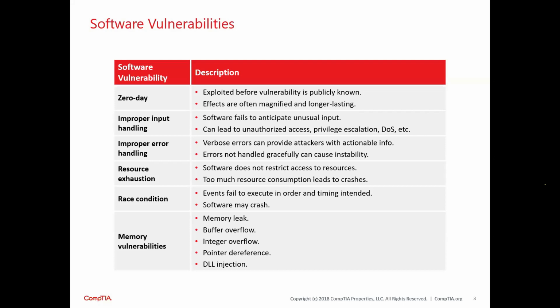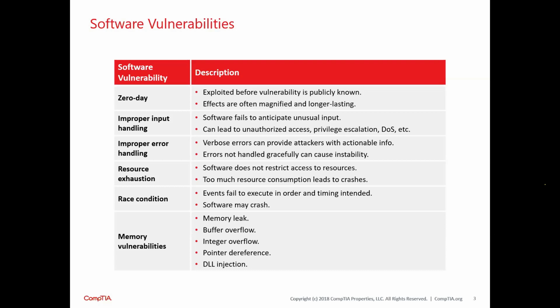The third one is improper error handling, which normally gives a verbose error that might cause instability, or even provide the attackers with more information. The other vulnerability is known as resource exhaustion.